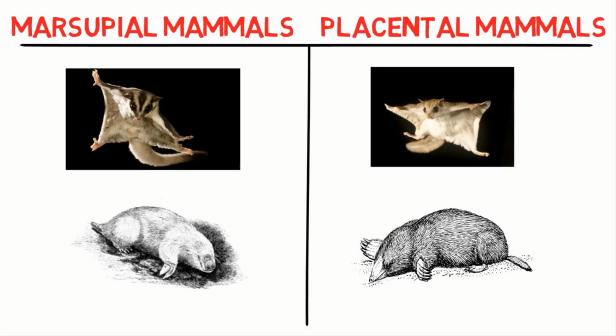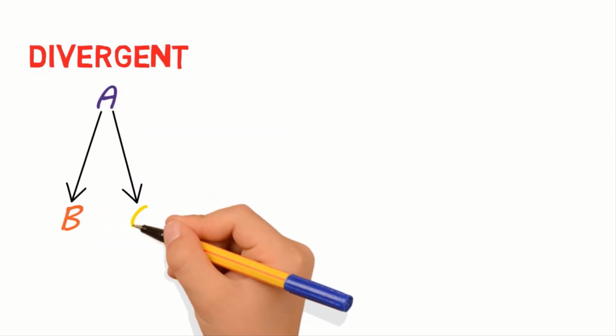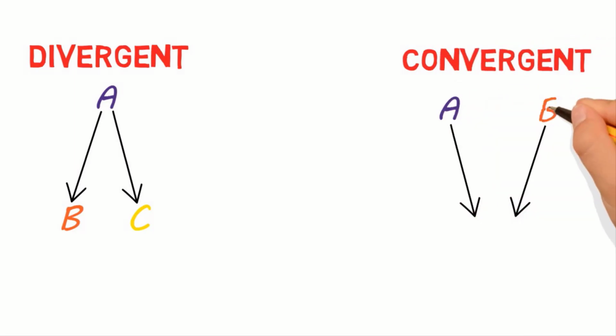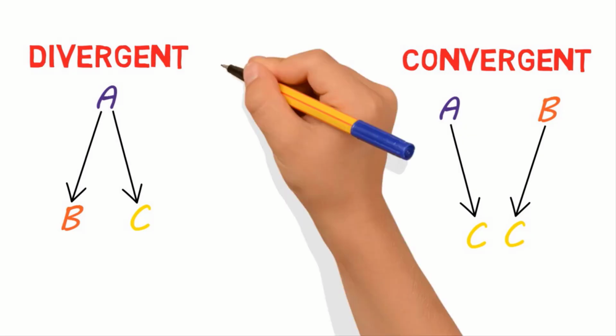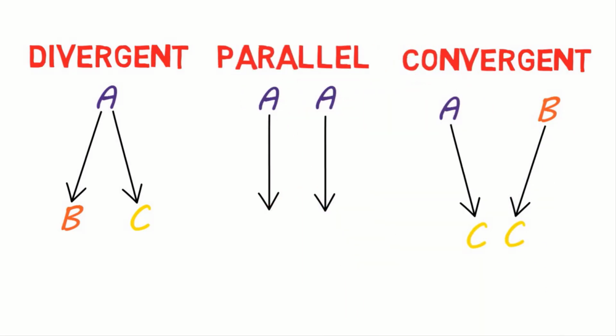All right, so let's tie all this back together by looking at these three main types of evolution once more. Divergent evolution is similar traits from a common ancestor evolving into two unique traits. Convergent evolution is two separate species not sharing a common ancestor evolving similar traits. And parallel evolution is two similar species sharing a common ancestor and evolving the same traits independently.